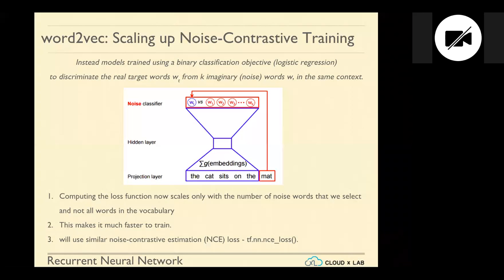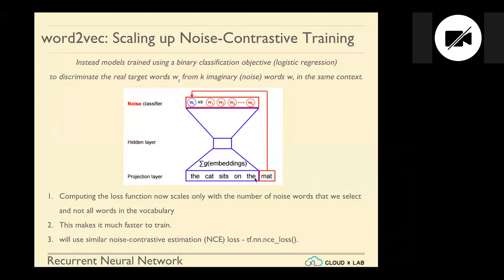Computing the loss function now only scales with the number of noise words that we select. Since we are not comparing all of the words, just the k noise words, this makes it really faster.